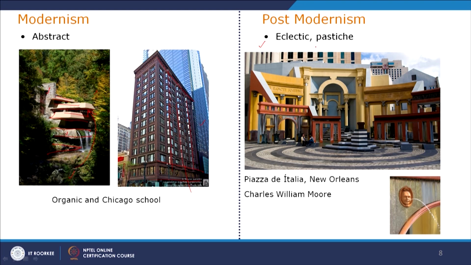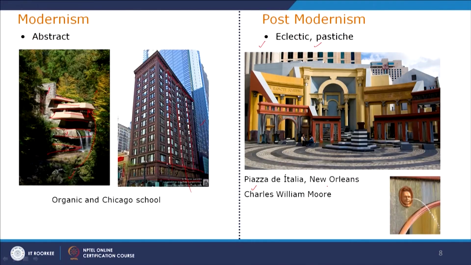So it was eclectic. The two concepts were there, eclectic and pastiche. We have discussed that. So why is this eclectic? Because this is a design by Charles William Moore. He designed the Piazza d'Italia in New Orleans, USA, and he wanted to create Italy in the USA.